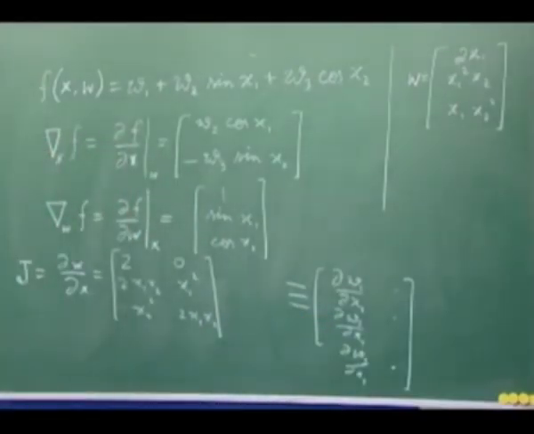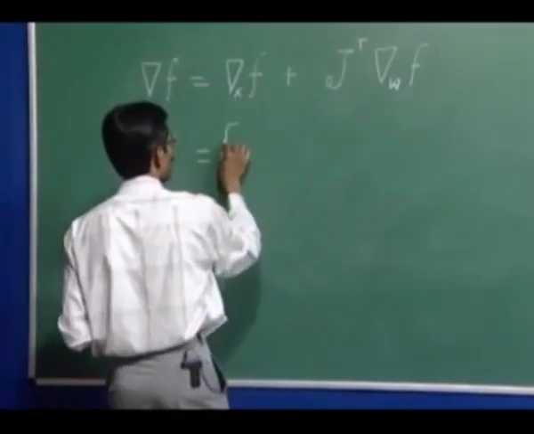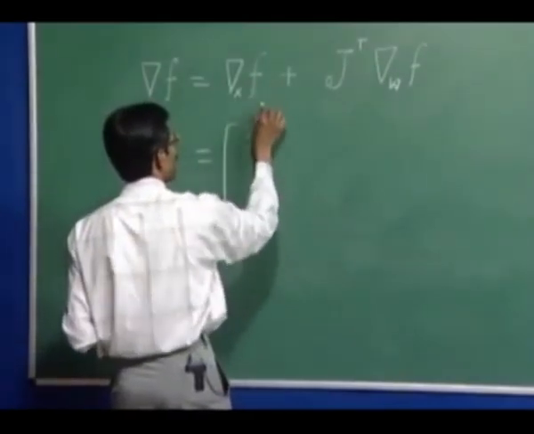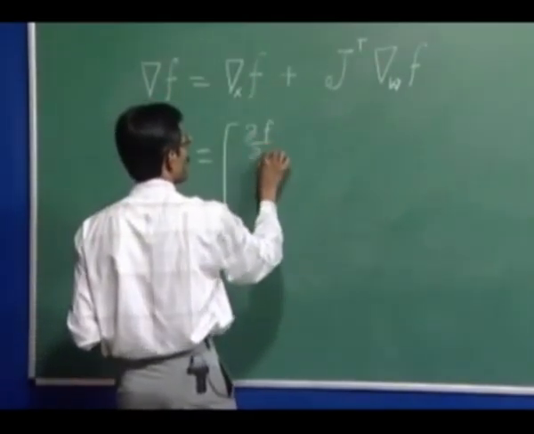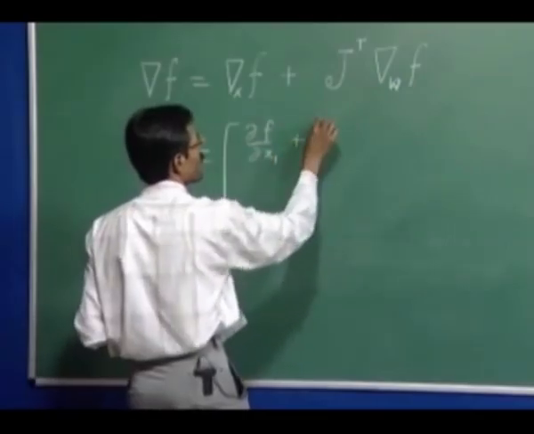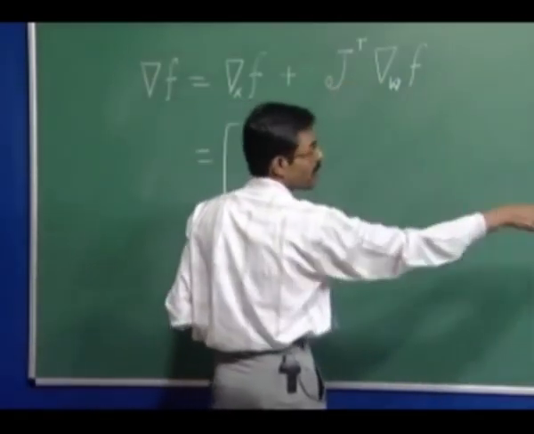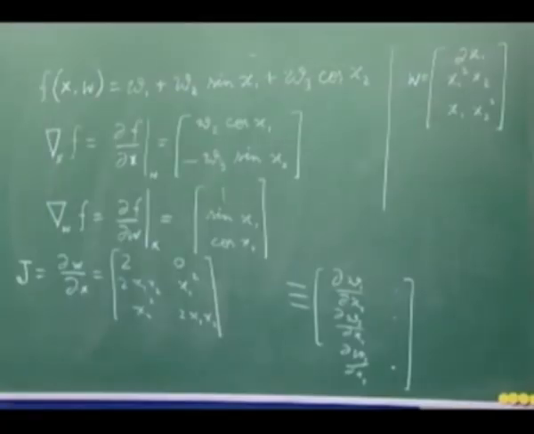So, in the first row we will have del f by del x1 plus the three elements that I have written there, they will be in the first row of J transpose, multiplied with this.